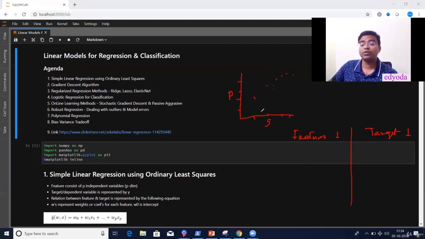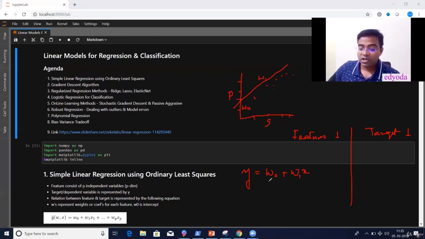In this case, we are trying to predict a line. So what is the equation of a line? Y is equal to W0 plus W1x. This is the equation of a line. W0 will be the intercept, and slope is your W1.